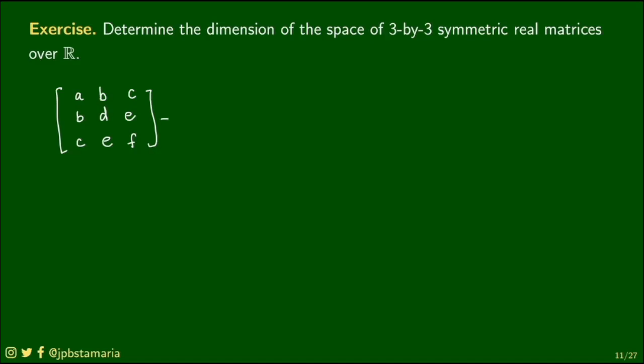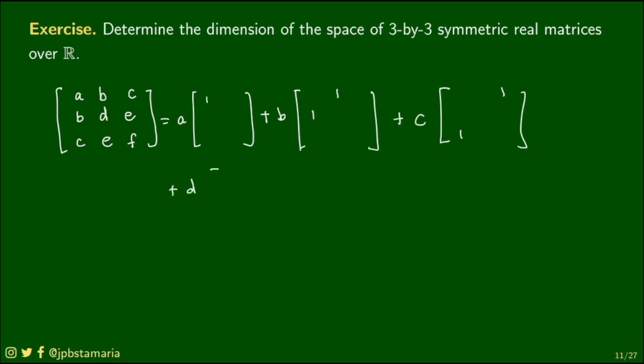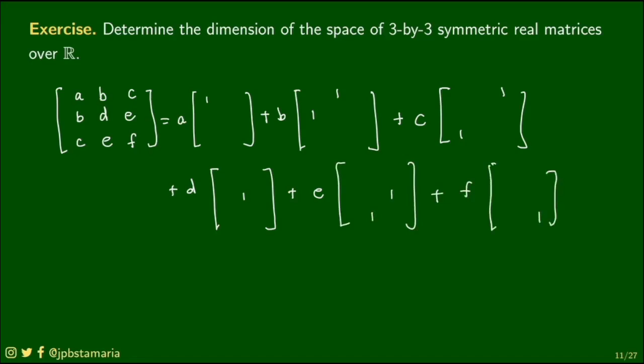Actually, that means we can write this as a combination of these matrices: c times the matrix with 1 in the 1,3 and 3,1 positions, plus d times the next one, plus e times the next one, and then f over here. Take note that the blanks here actually mean 0. So we need 6 matrices to specify every 3 by 3 real symmetric matrix.